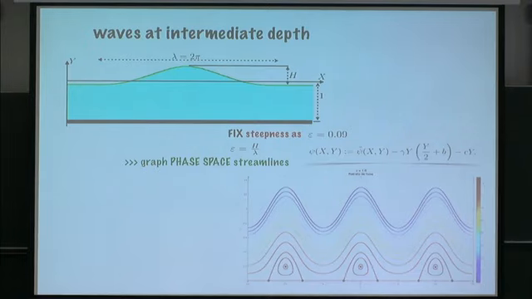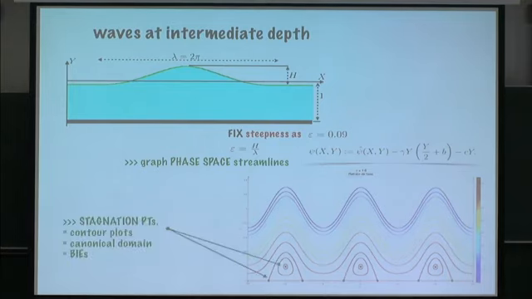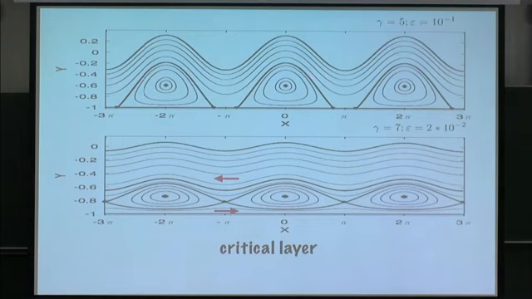I think the animation will speak for itself, and I was very pleased to see this when I saw it for the first time. Just before, this is a picture of when the recirculation zone is sitting at the bottom, and then you increase the vorticity a little bit, it goes up, and you get this cat's eye like structure.